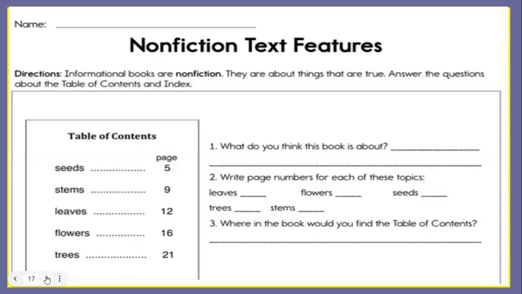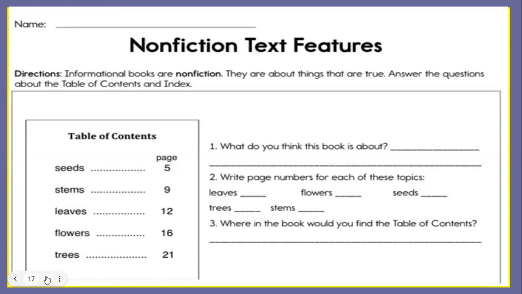Now here is something for you to do, all right? Non-fiction text features, directions. Informational books are non-fiction. So if the book is informational, it means that it is non-fiction and it has information in it.